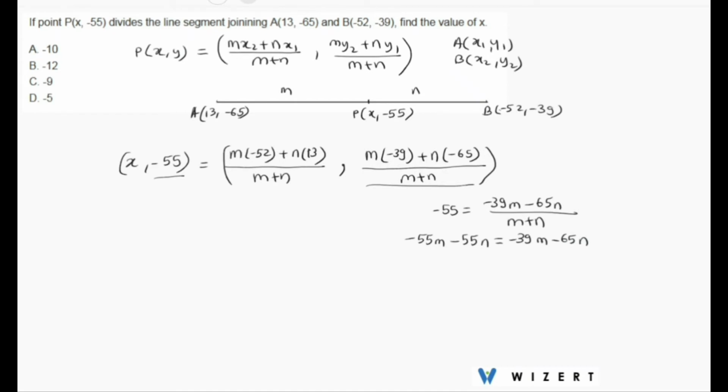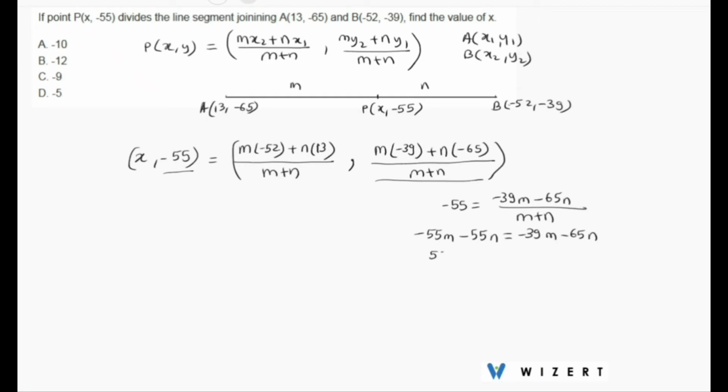Since all the values on both sides are negative, we can simply multiply both sides by minus 1 to convert it to positive. So we have 55m plus 55n equal to 39m plus 65n.